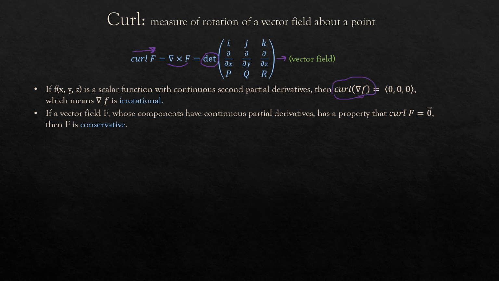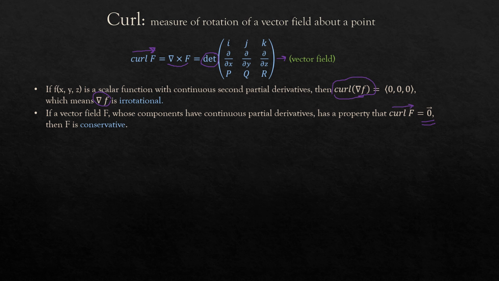Curl of the gradient of a function f is the zero vector, which means that this vector field, the gradient field, is irrotational. Okay, and then we say that if a vector field f, whose components have continuous partial derivatives, has the property that the curl is the zero vector, then f is conservative. So these two properties kind of go hand in hand together.